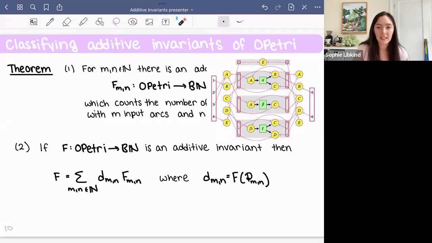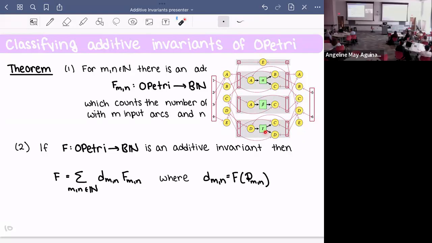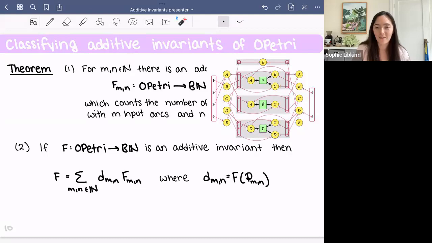There's another lemma that says any additive invariant of open Petri nets applied to a transitionless open Petri net is actually 0. So that means F applied to the Q prime and the G0 go away. And we're just left with the sum of F applied to these G1 through Gn, which are isomorphic to the canonical open Petri nets P sub mn. And so from there, it's pretty straightforward how to finish the proof. So now we've really classified all of the invariants of open Petri nets.